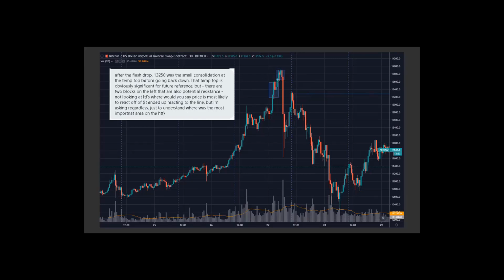So what I'd be looking at is the consolidation at the top here. You can see this was never tested. And this area here. Okay. And neither is more significant, right?